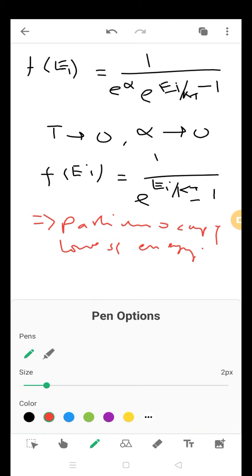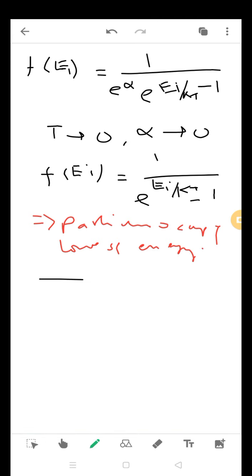So if we have states like this, these are the energy states, for example, and the distribution of particles is like this, say. This is at a temperature which is much greater than 0 or a little greater than 0.